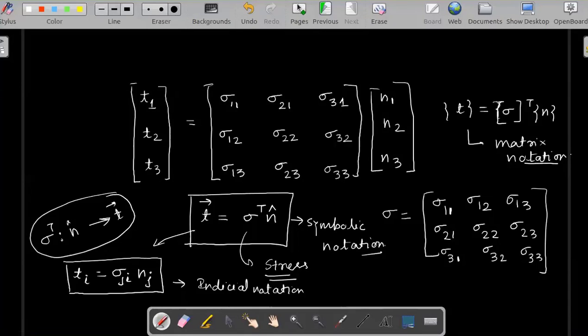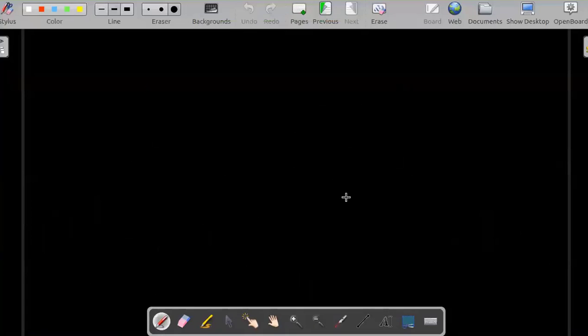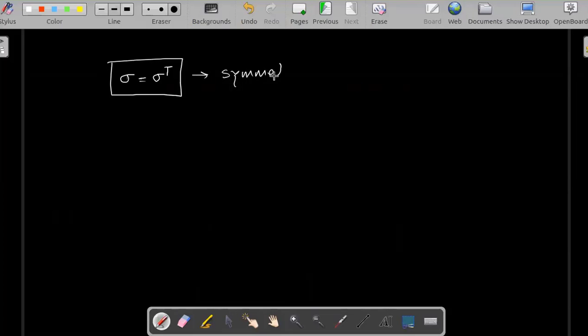Also, we know that sigma is symmetric; you can prove it using the angular momentum concept, and you can prove that sigma and sigma transpose are equal. So the stress is a symmetric tensor. Since two directional senses are required to define this, that's why it is a second order tensor, and it is also linearly mapping one vector to another vector.